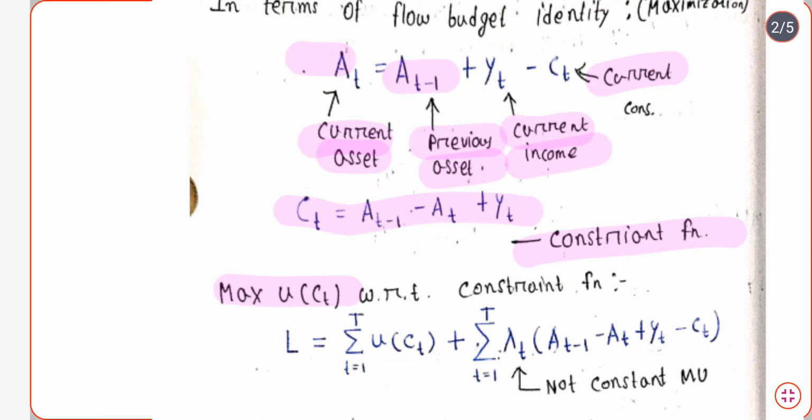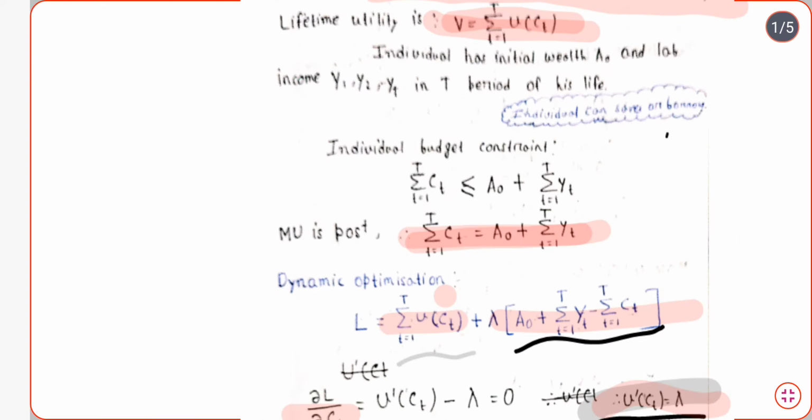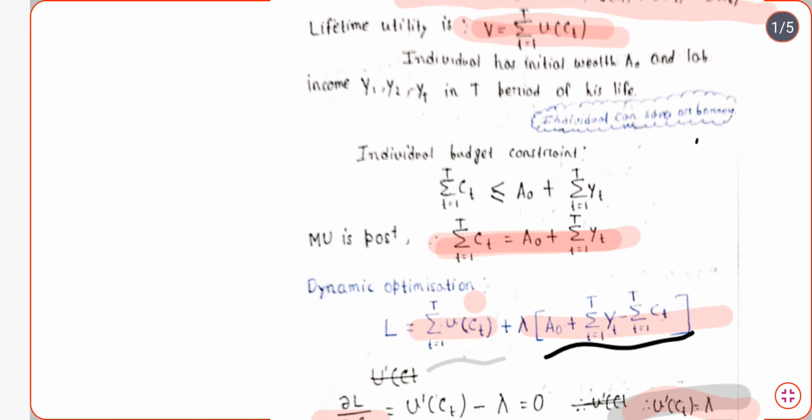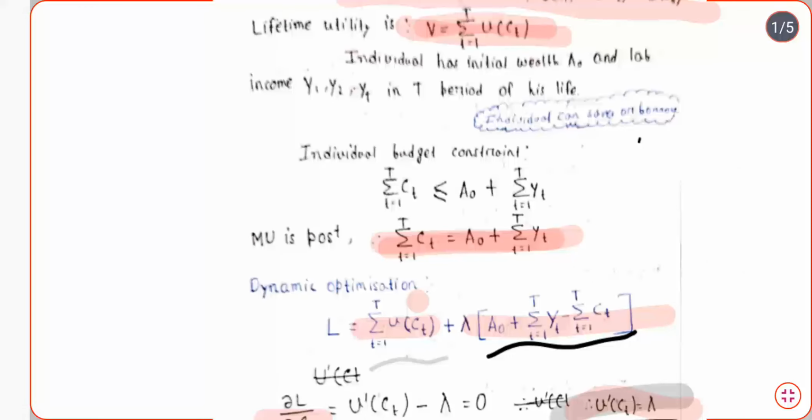So we will maximize this U of CT again now, but this time the constraint function will be CT is equal to A t minus 1 minus A t plus YT. This is our constraint function. In the earlier portion our constraint function was different. This was our constraint function in the earlier portion, and this was our maximizing function.